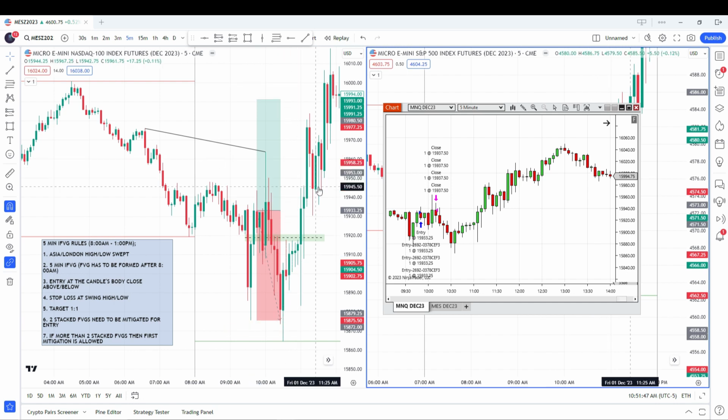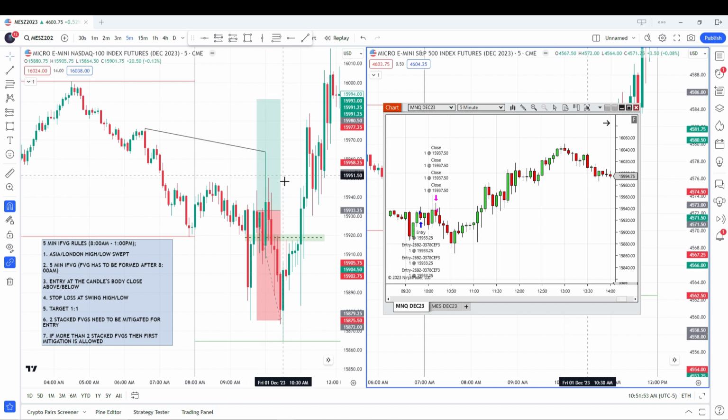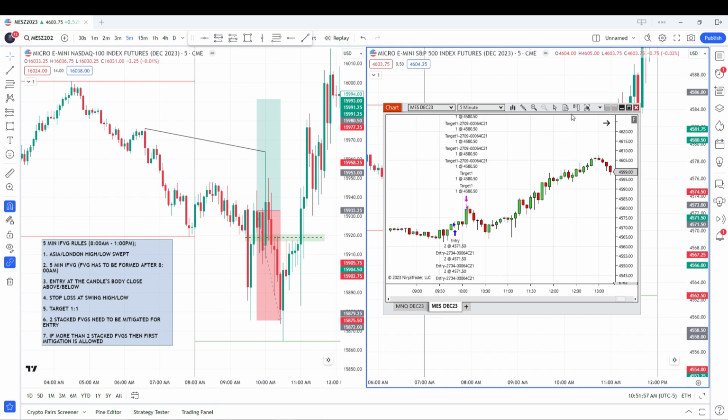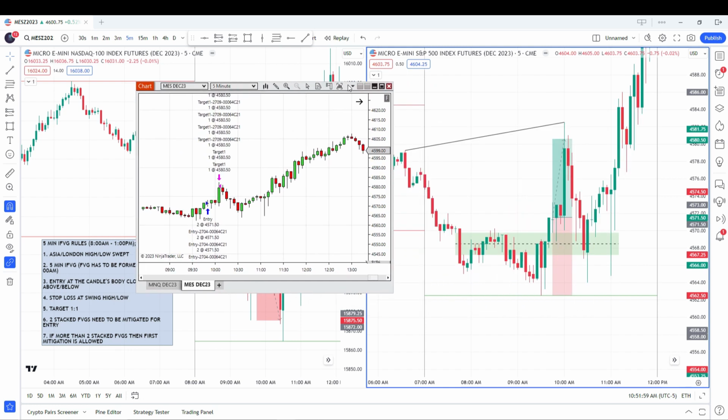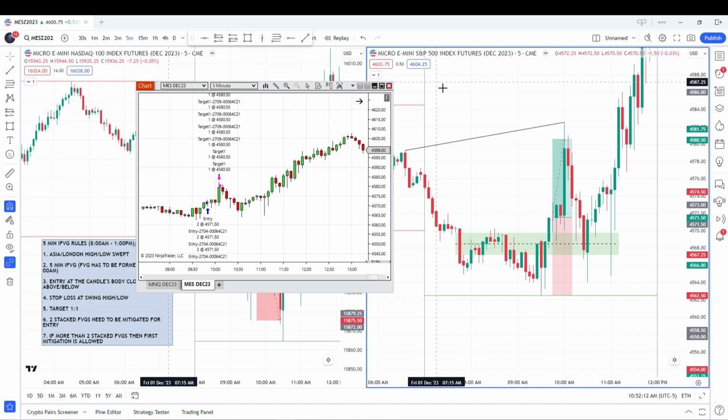That's why I did get out. I took it out at 15,937 and a half, so about 4 and a quarter profit. No big deal. And then here's MES. Two contracts at 45.7150, risking off this swing low, so it's about 9 handles, and then took it out at 45.8050 for a 1R.